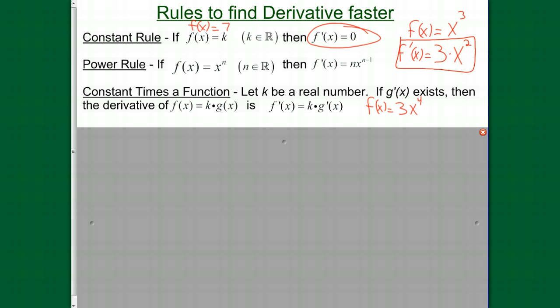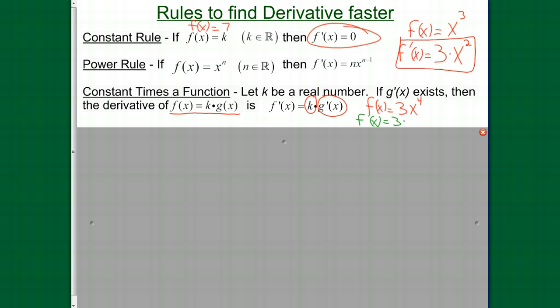What this says is, here's our generic function, k is the constant times another function g. The derivative, you just leave that value of k out in front and then take the derivative of that function g. So for this one, f prime of x would equal, keep that 3 out there in front, times, now we're taking the derivative of x to the 4th. So use the power rule just like we did above.